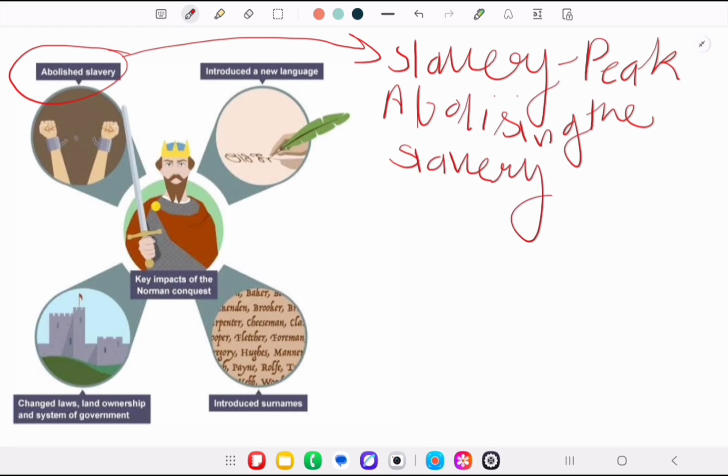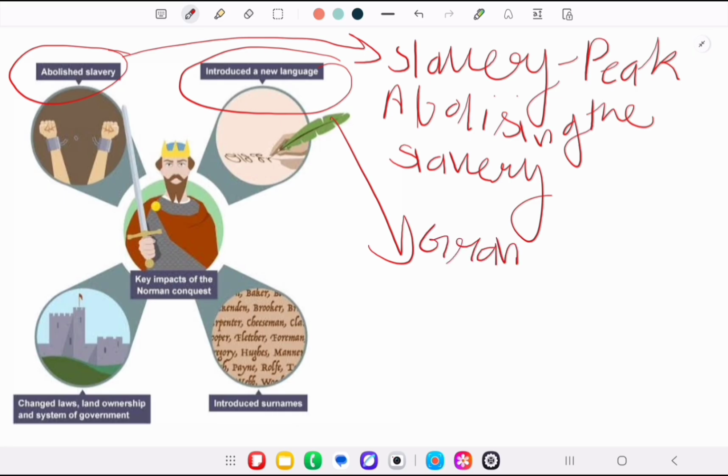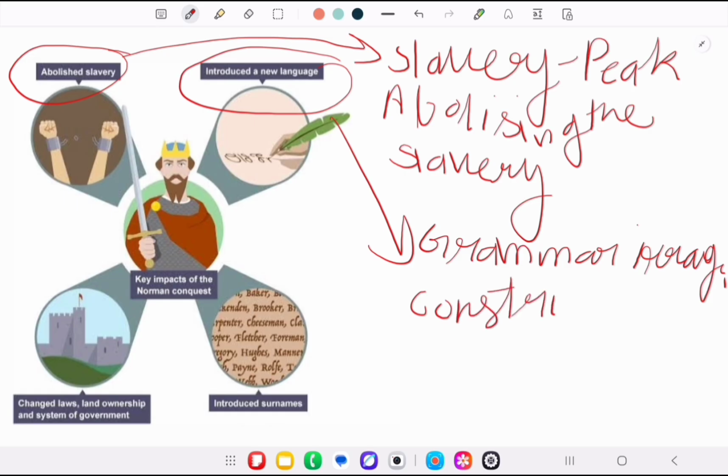When we talk about the writing style of the Old English period, grammar was irregular, and the constructions were also irregular.